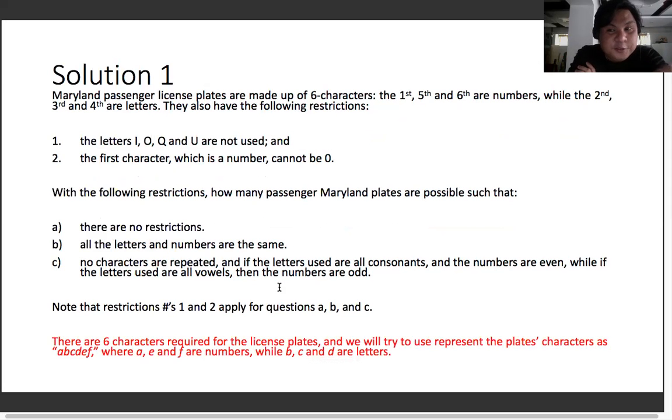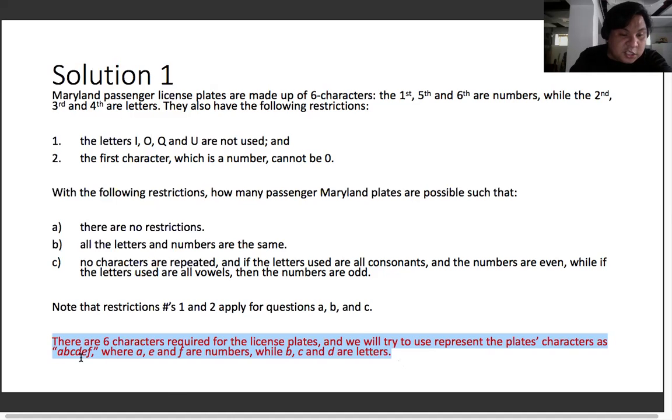All right. So the first part of the solution begins here. The one written in red ink. I noticed that a lot of you guys actually use letters to designate positions. So I would be using the same technique. 6 characters in the Maryland license plate format. So I'm going to use 6 letters to designate that format.